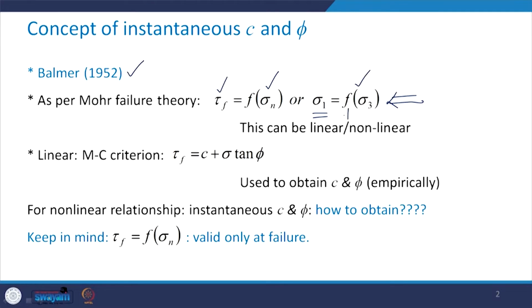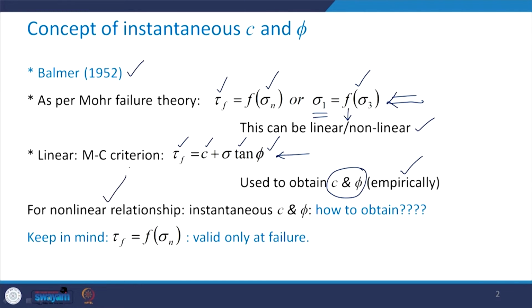Now, this functional relationship can be linear or non-linear. The Mohr-Coulomb criterion is represented by a straight line given by this equation, tau f equals c plus sigma tan phi. We conduct triaxial tests and fit the data to this equation, and empirically we try to obtain these two parameters C and phi.